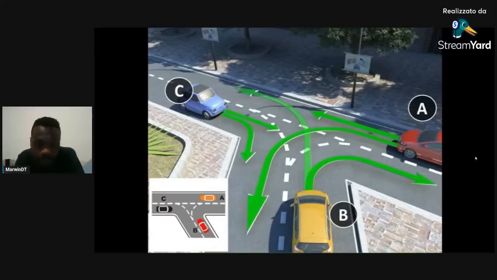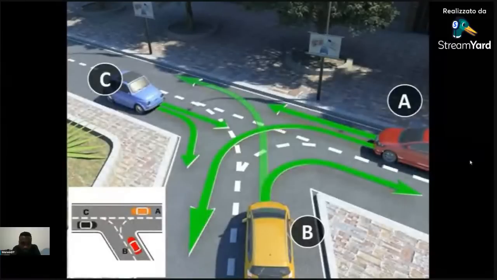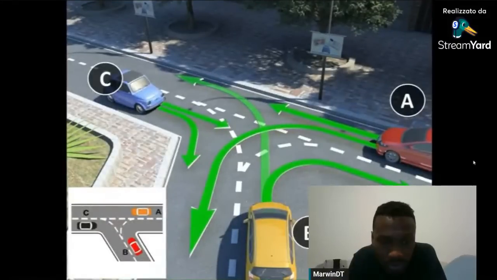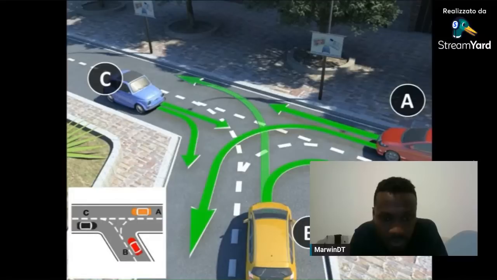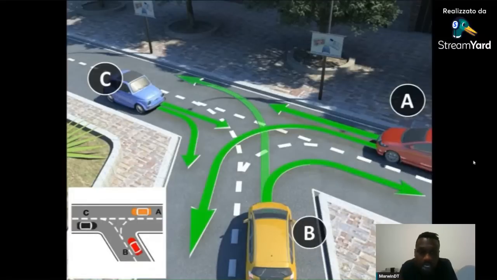Everything is here. So the B can do what? It can turn to the right side and can also go to the left, entering in the lane of the red car, because the line is broken.